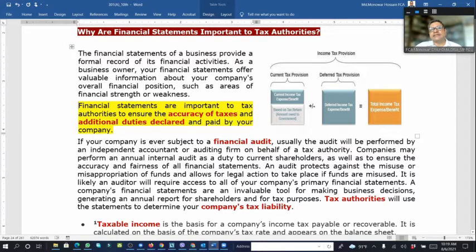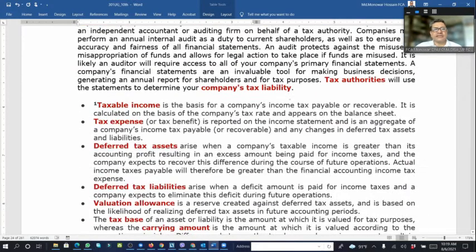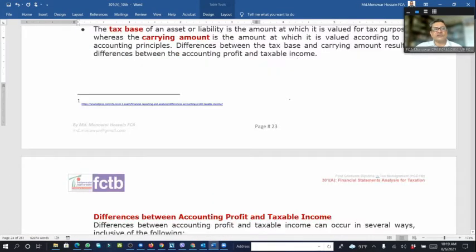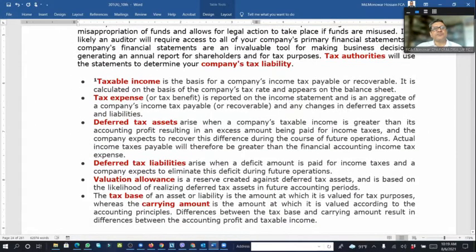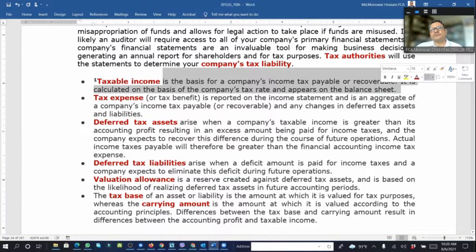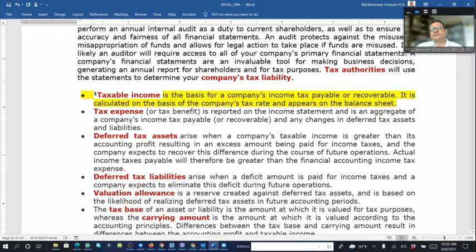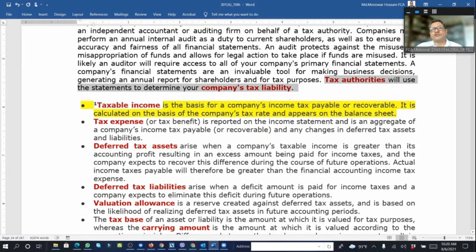So here is the tax provision side: taxable income, tax expense, and deferred tax, which we will discuss also. The tax authority will use the statement to determine the company's tax liability.